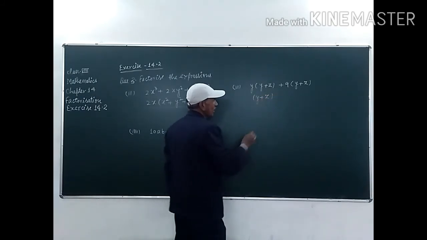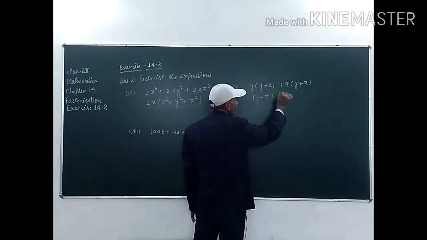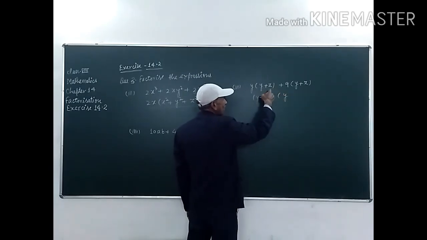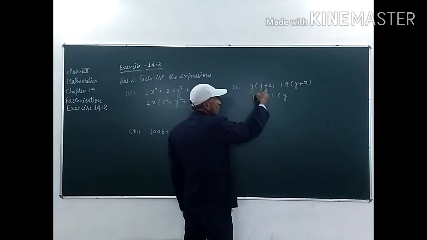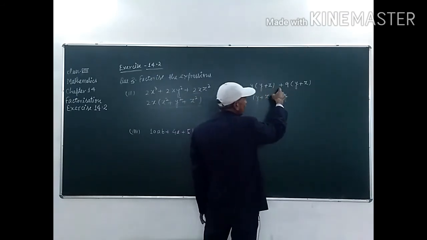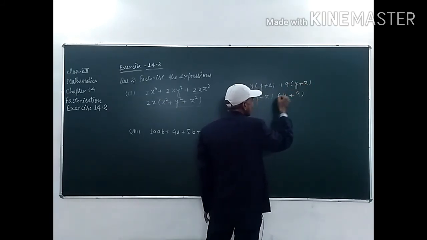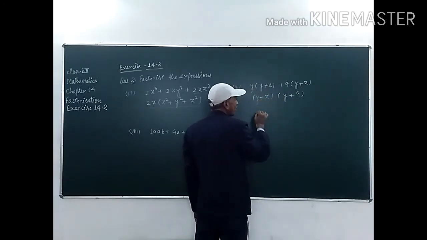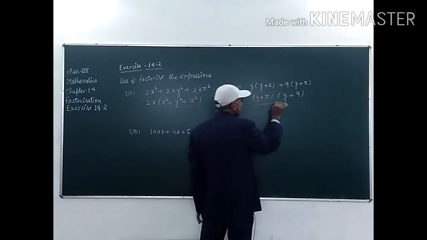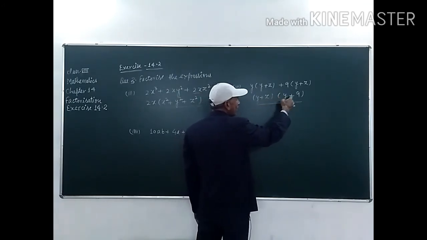This one is common, and what will remain in the first term? That is y, because we have taken y plus z common. So y remains here, student, and plus in this 9 remains, y plus z is taken as common. So this is the answer of this part, that is y plus z in one bracket and y plus 9 in another bracket.